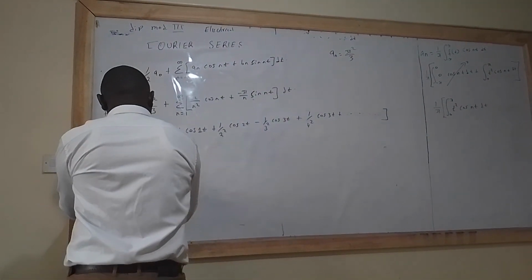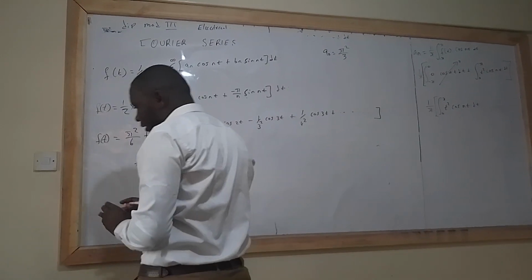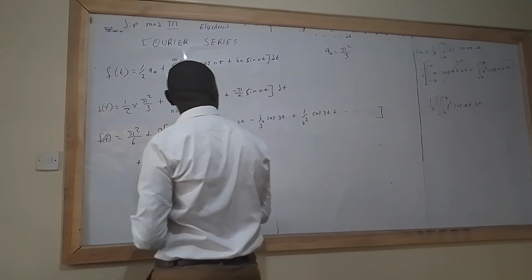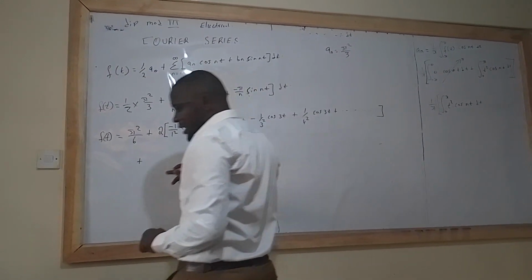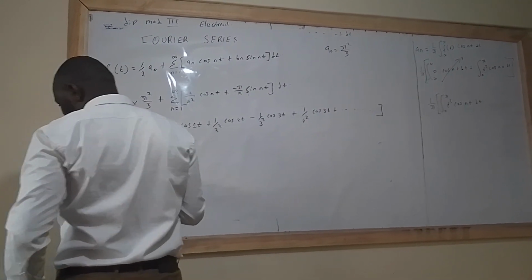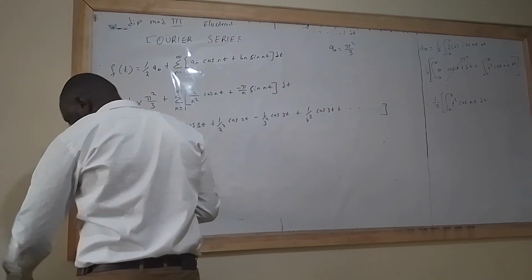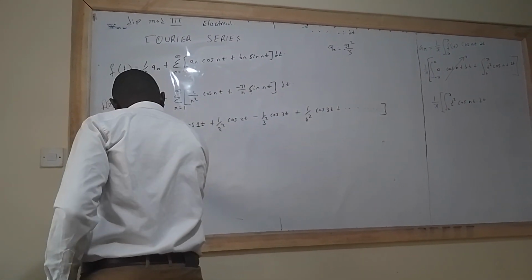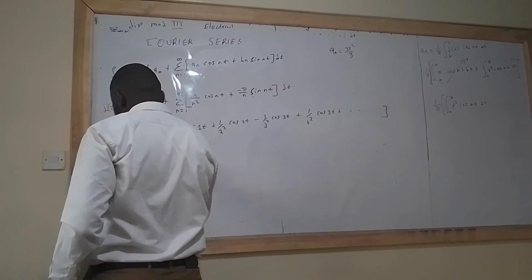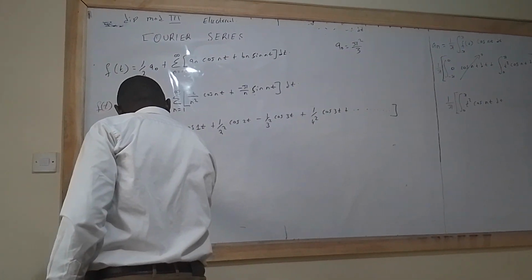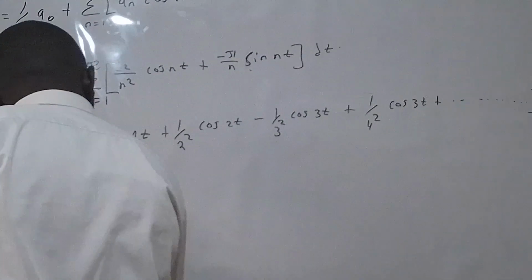Plus, if we continue with the part of the sine, the sine we have negative pi. Pi squared minus 4 for odd, divided by pi, sine of t.